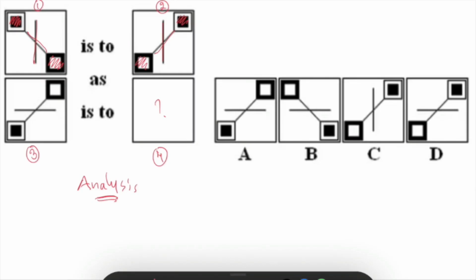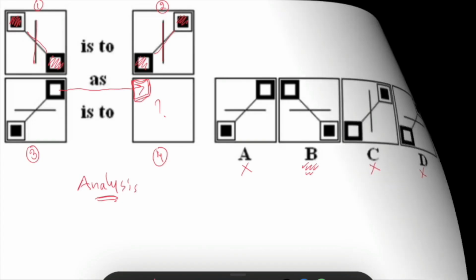So I expect this square will be here, and that is obviously present in choice B only, because choice A does not give me this, choice C does not give me this, choice E does not give me this. So that's an easy question. So we came to the right answer quickly.